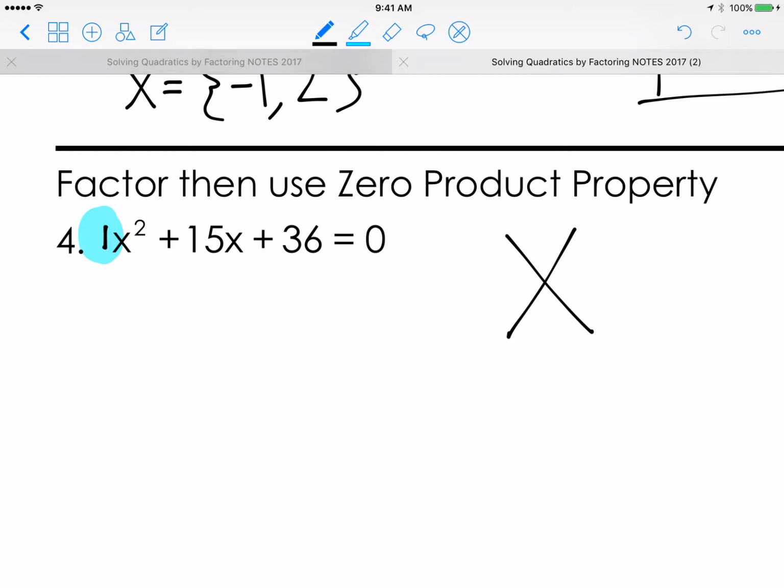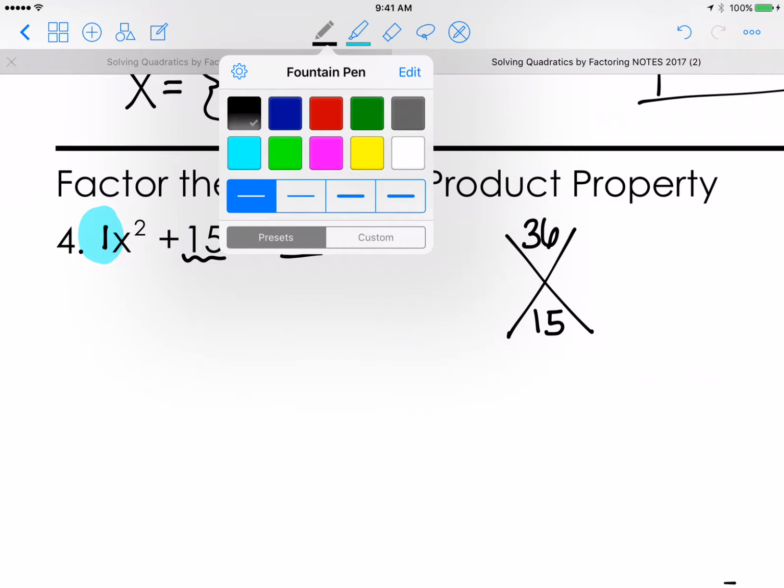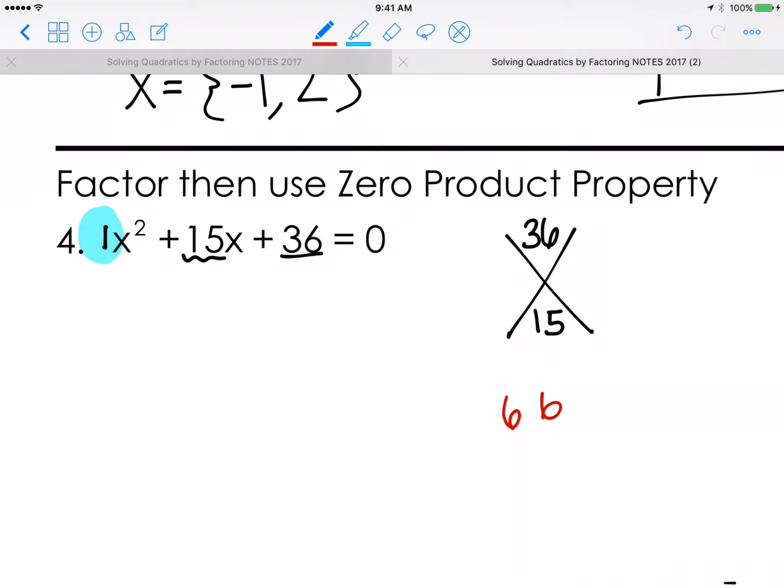So we have an x, and we put 36 up here because that's our c. We need to find factors of 36 that are going to add to give me 15, so 15 goes on the bottom. So what are factors of 36? Well, 6 times 6 gives me 36, but do those two numbers add to give me 15?